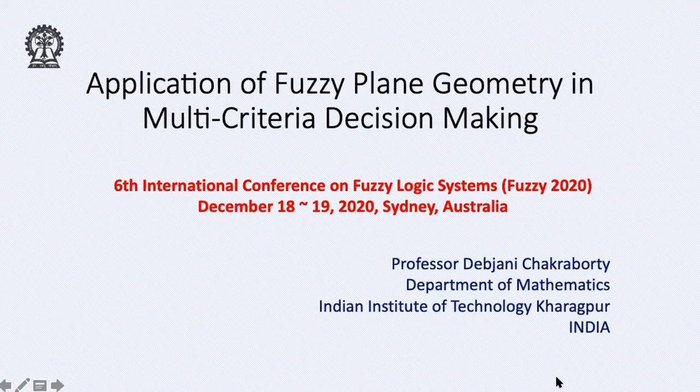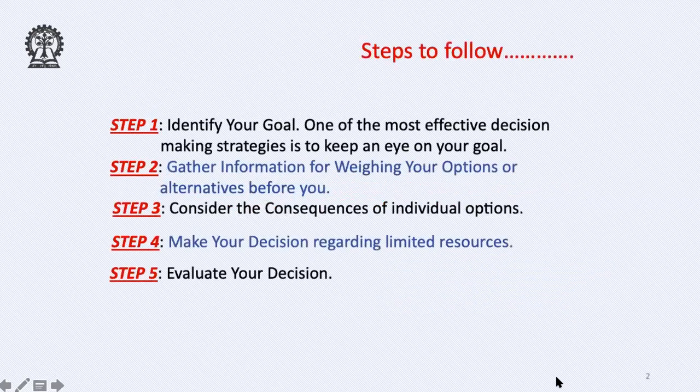I even published a book on the topic. If you feel interested, you can see that. I like to do work on this topic. That's why I thought let me share my idea, my origin of thinking, and the genesis of my work in this forum. Today's topic is the application of fuzzy plane geometry in multi-criteria decision making.